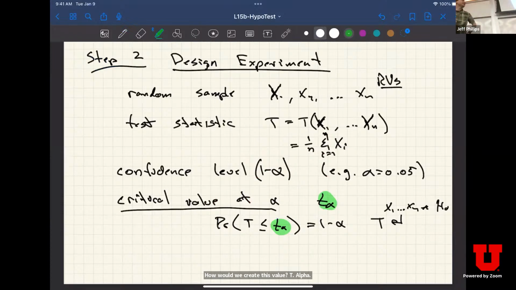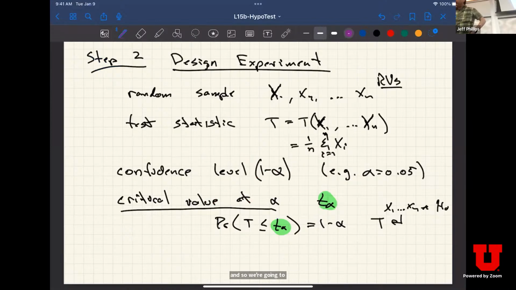Okay, so what we're going to do is something like a confidence interval, but we're only looking at one side.